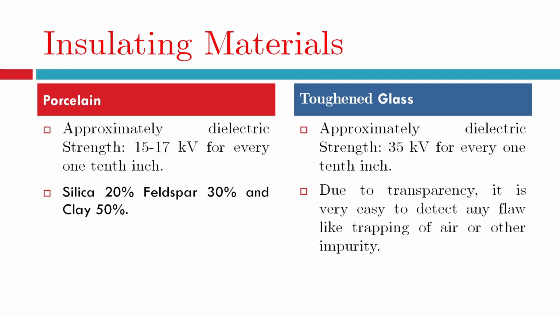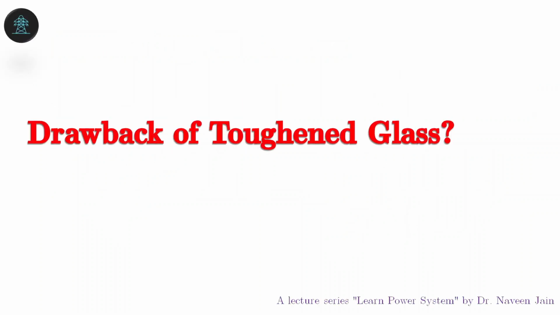Further, it has a lower coefficient of thermal expansion, and due to this, the strains due to temperature changes are minimum in toughened glass. What is a drawback of toughened glass? The major drawback is that moisture condenses very easily on its surface, and therefore its use is limited to approximately 33 kV.